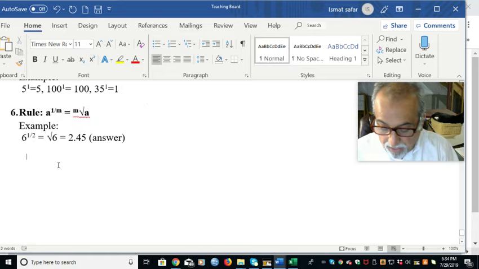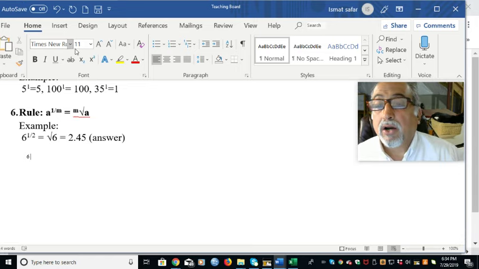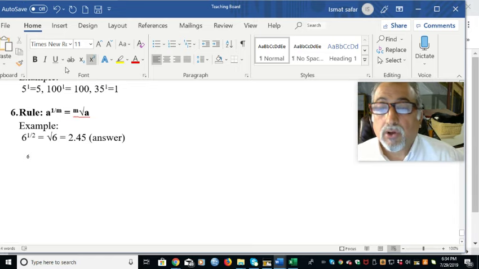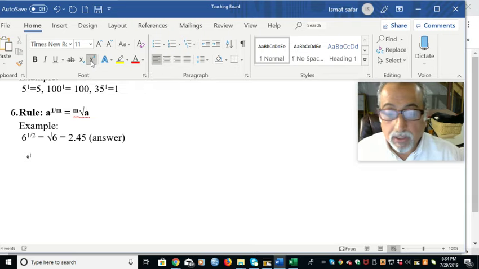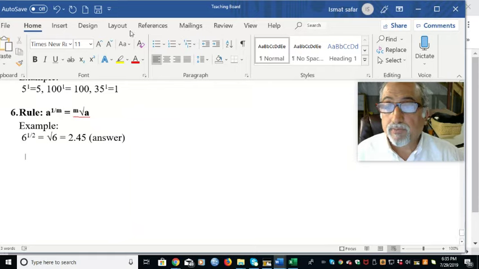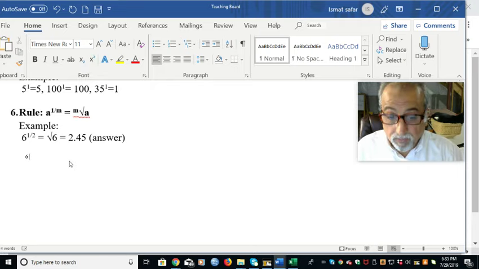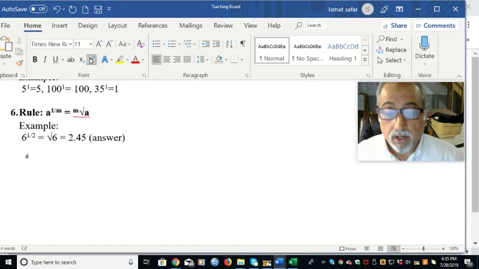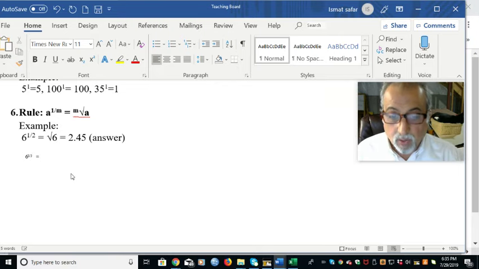And what if we have 6 raised to the power 1 over 3? This is different. What does that mean? It is not the square root of 6.